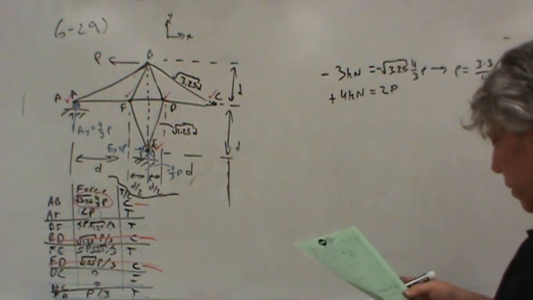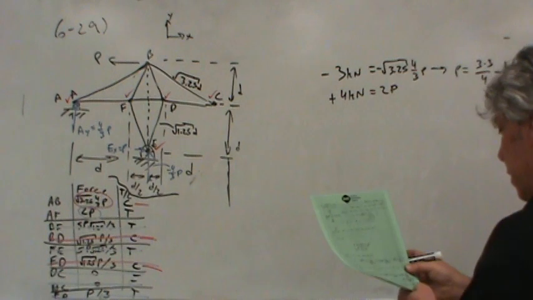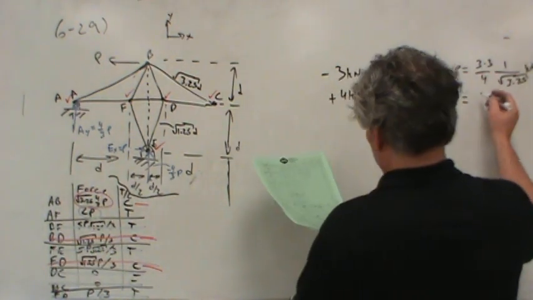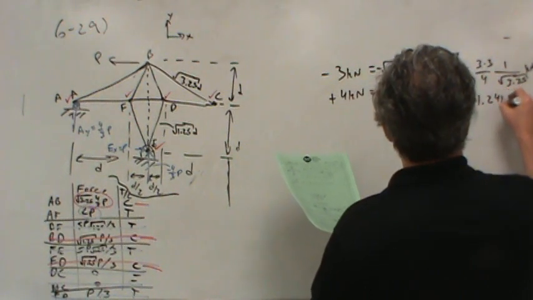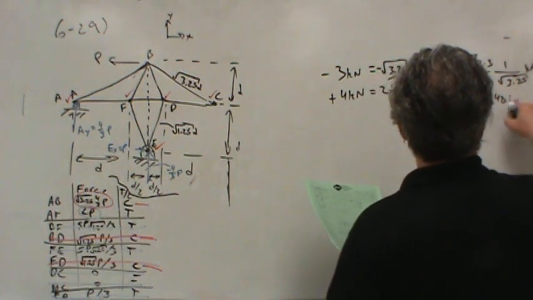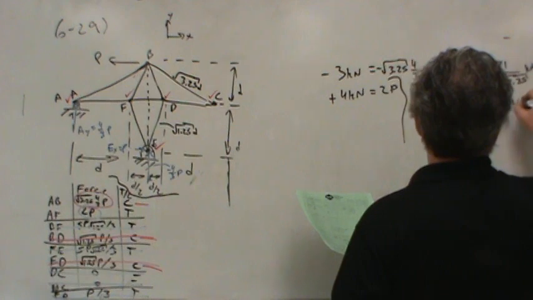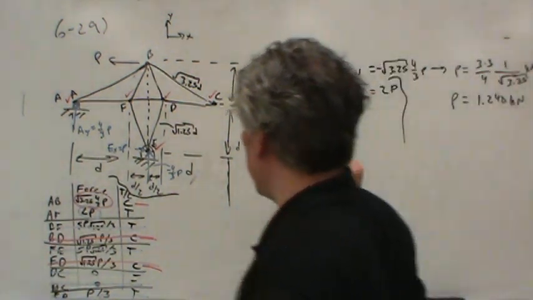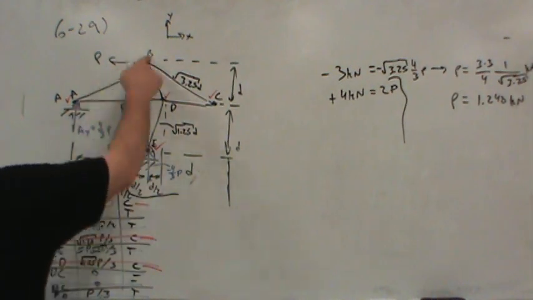So if you go through and do the math, this comes out to P equals 1.248 kilonewtons. That 1.248 kilonewtons will cause a compressive load of negative 3 kilonewtons, and that load will occur in AB.